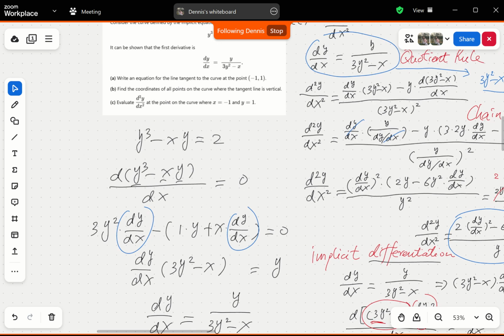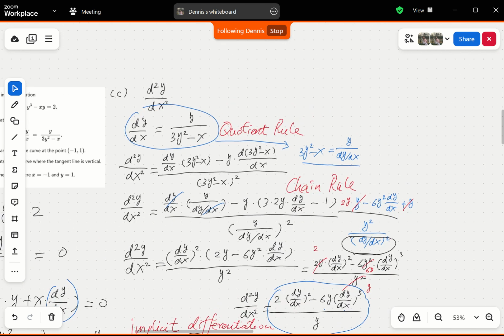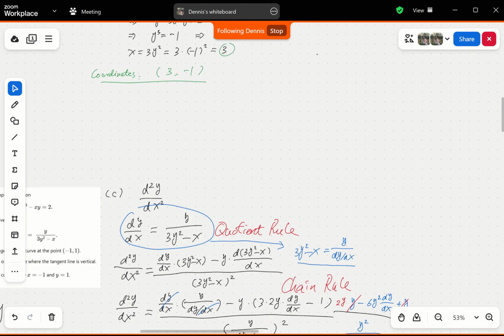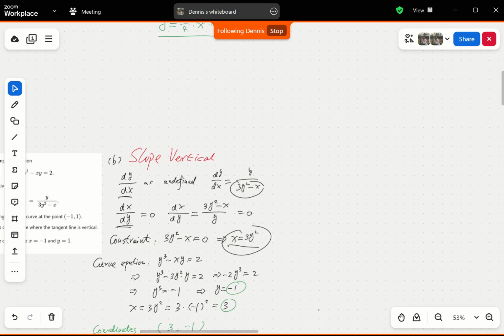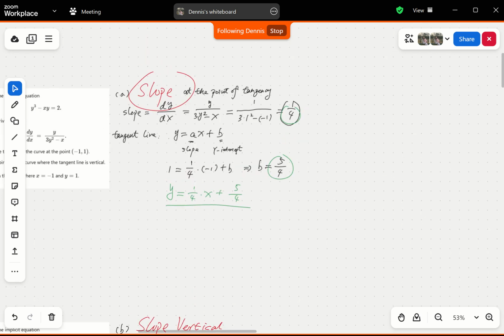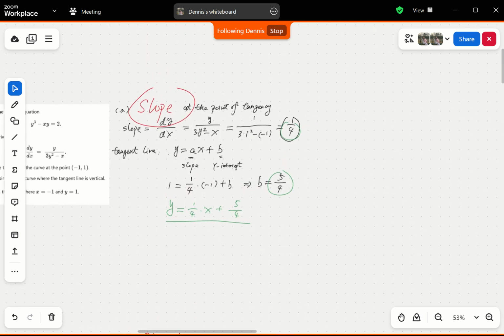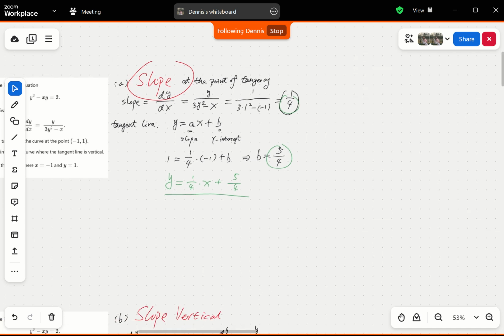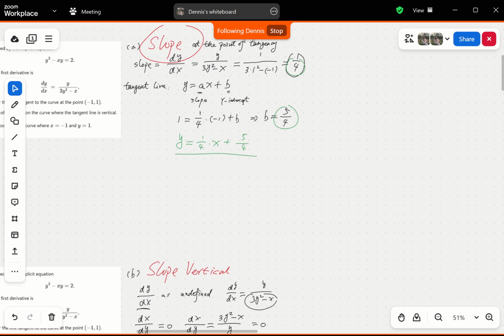So let's see what's tested in the problem. We were tested on the slope of the tangent line at the point of tangency, which should equal dy with respect to x.